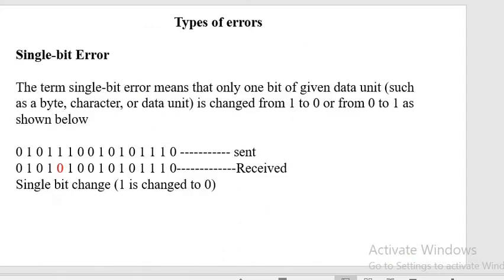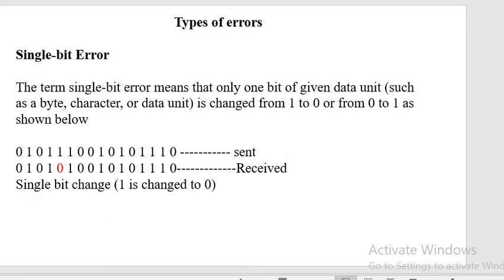Okay. Single bit error. From the name itself you can identify there may be an error in a single bit. In my data, see the data sent and received. The term single bit error means that only one bit of a given data unit, such as a byte or character, is changed from 1 to 0 or from 0 to 1, as shown below.